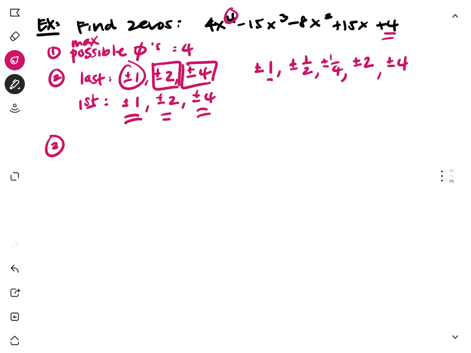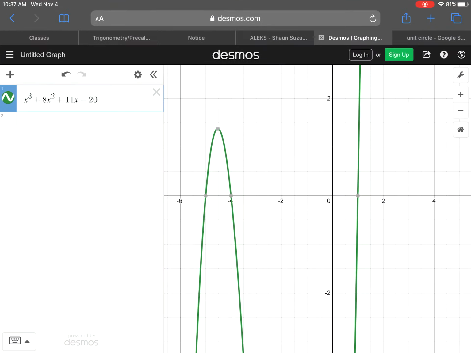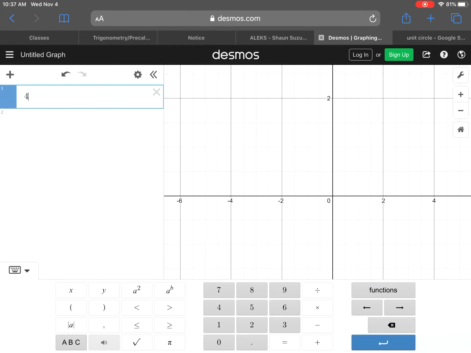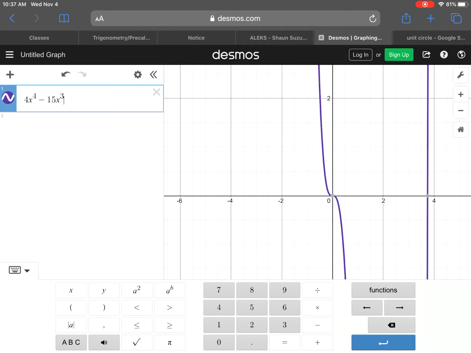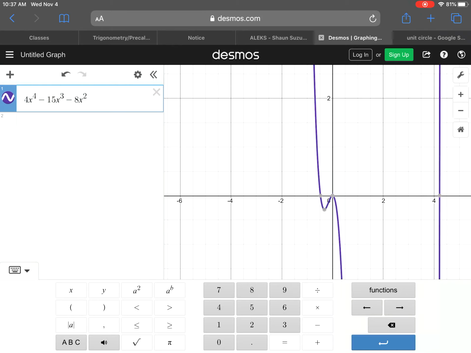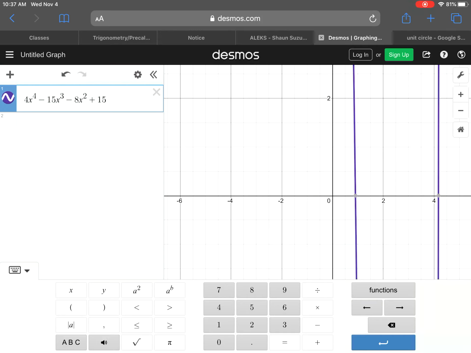This time, let me write it down again: 4x^4 minus 15x cubed minus 8x squared plus 15x plus 4.